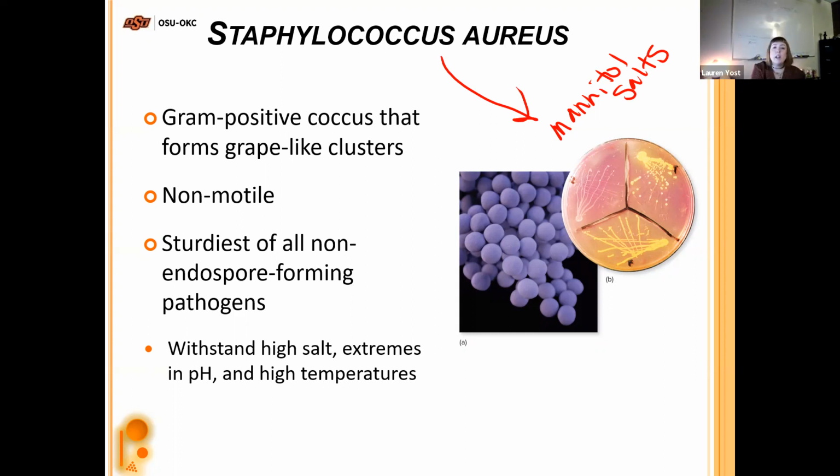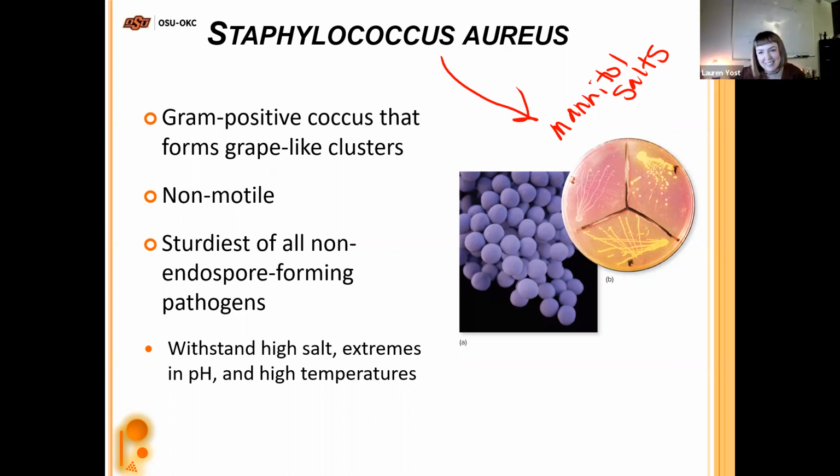We'll have a pH change. If the pH gets lower and we have acid production as a byproduct of breaking down the material in the agar, breaking down that mannitol and creating an acid byproduct, it'll turn yellow. That yellow change is due to the phenol red. I'm sure you guys all remembered that.